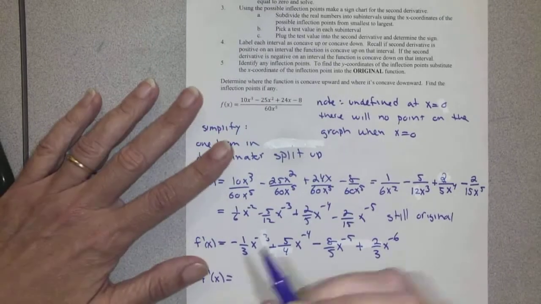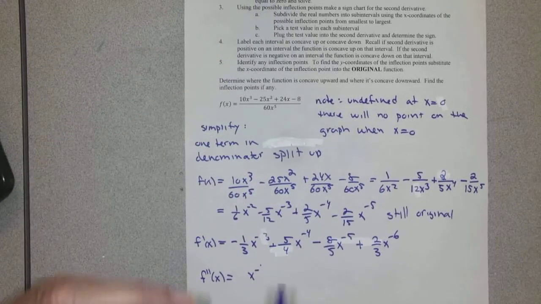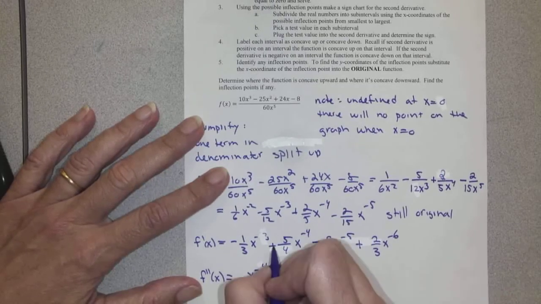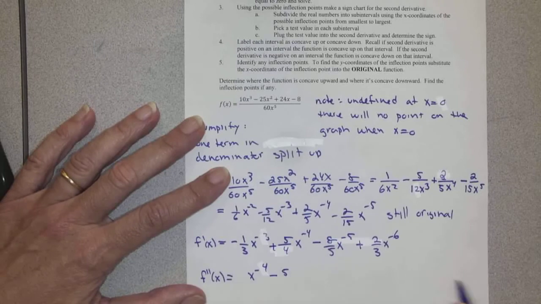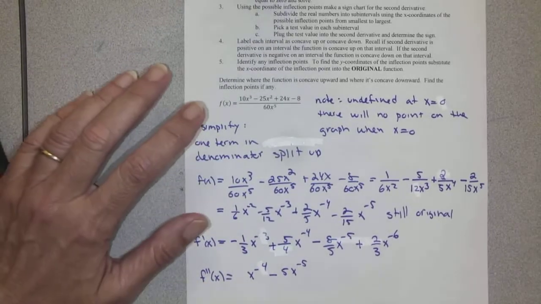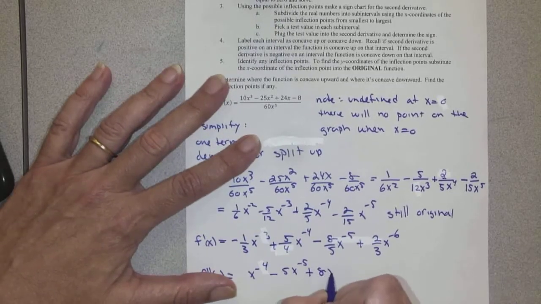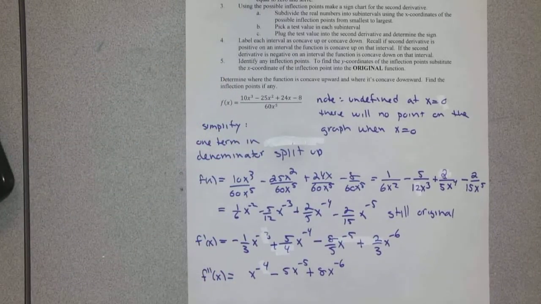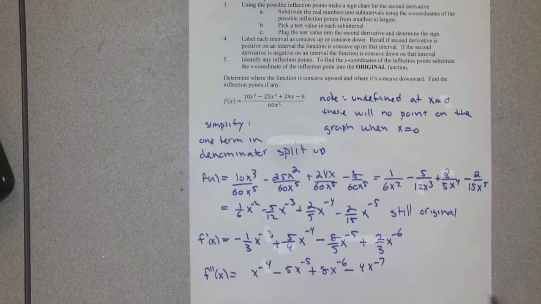And my second derivative, multiply by that exponent, so it's going to be positive. And so I'm going to have x to the negative 4, multiply by the exponent, decrease the exponent by 1, the 4's are going to cancel, and then it becomes negative, decrease the exponent by 1, negative 5, multiply by the exponent, so those 5's are going to cancel, but it's going to become plus 8x to the negative 6, multiply by the exponent, so that 3 and the 6 are going to cancel, leaving a negative 4x to the negative 7.